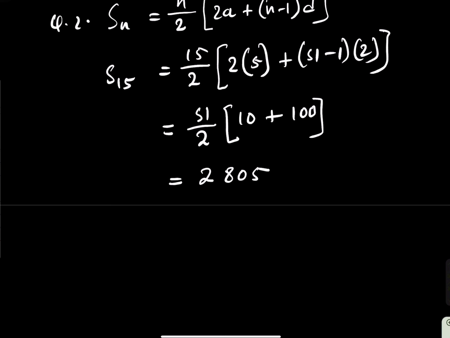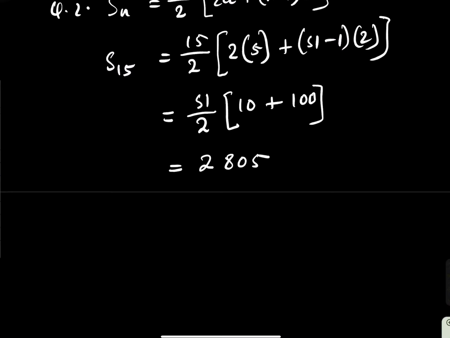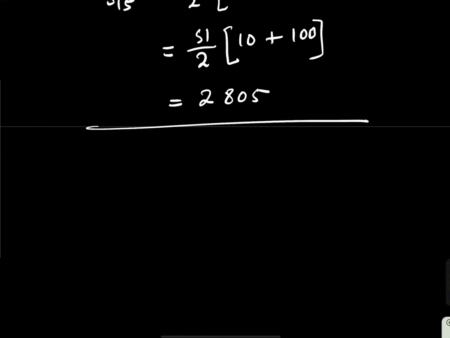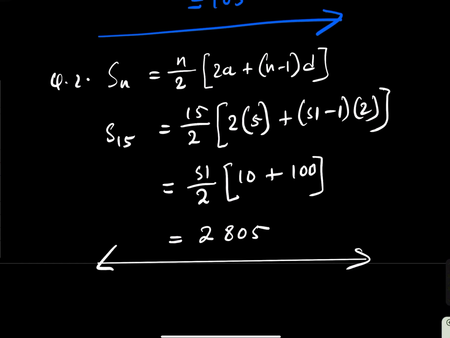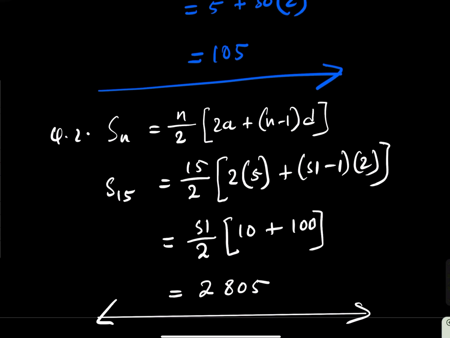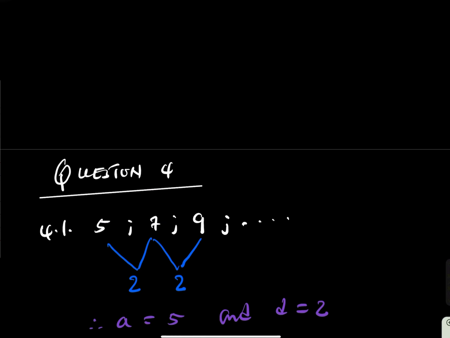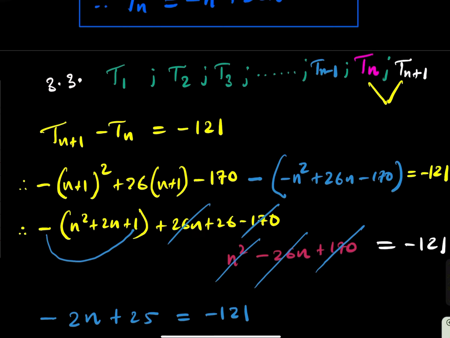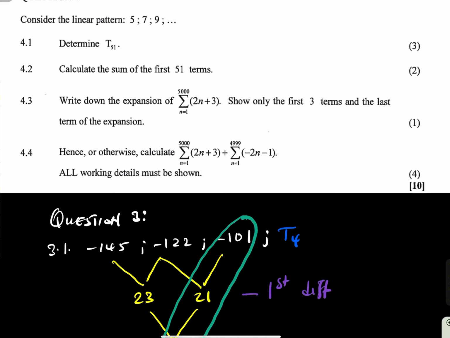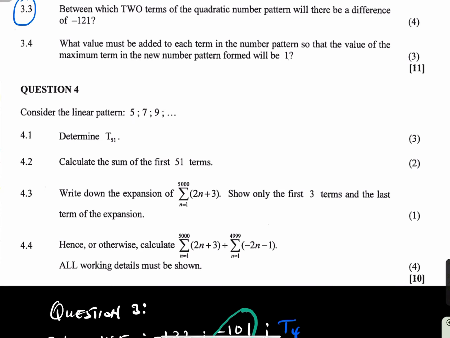That is 2,805 in my calculator here. So please punch it in your calculator to get that answer there. How many marks? This will be 1 mark. It's easy. There was no sweating. Let me check. It was 2 marks. Just to show that you do not have to really struggle.